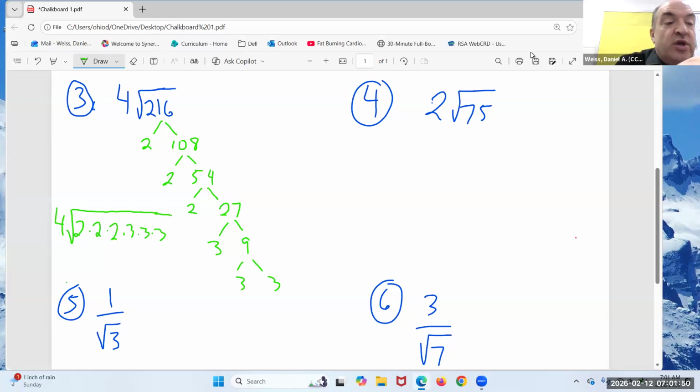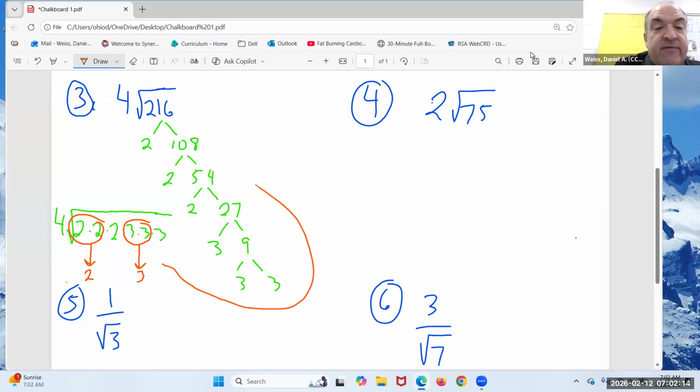Okay. So what do you do? You circle the pairs. There's a pair of 2s and there's a pair of 3s. So that's 2 and that's 3. So what is 2 times 3? 2 times 3 is 6. So what do we have now?